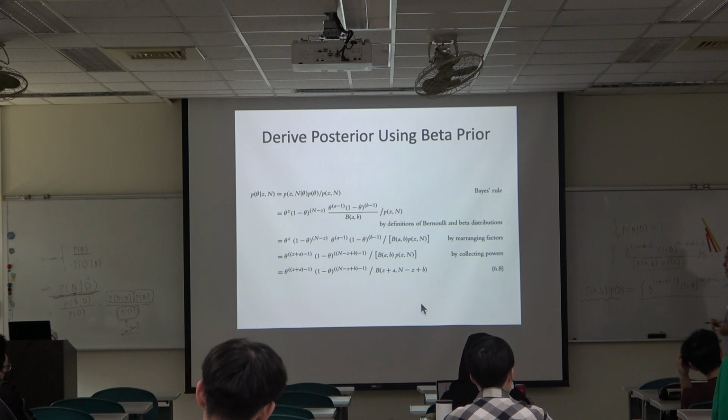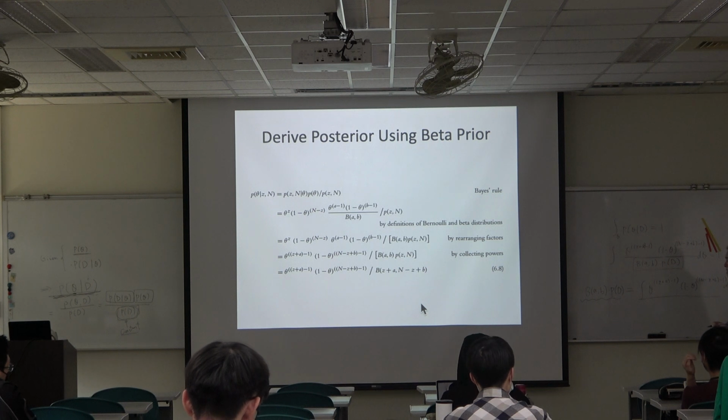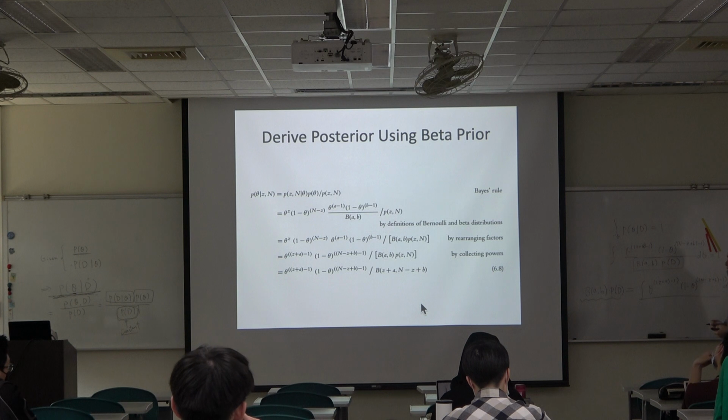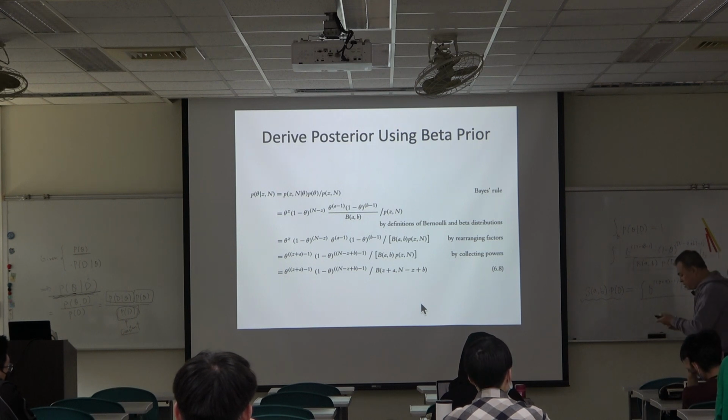Now, let's consider the beta distribution where we use z plus a for the parameter a and n minus z plus b for the parameter b.